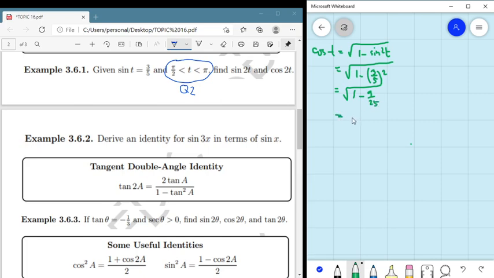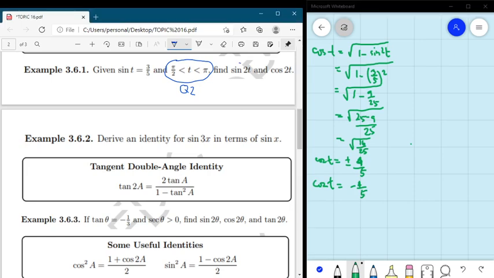Getting the LCD of 25, that is 25 minus 9 over 25, so we have the square root of 16/25. Your cosine t must be positive or negative 4/5. Since it's in quadrant 2, cosine is negative. So cosine t is negative 4/5.